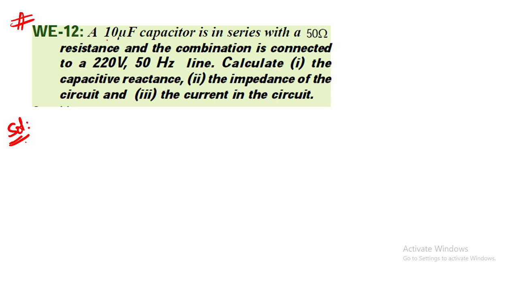Say a 10 microfarad capacitor in series with a 50 ohms resistance. The combination is connected to a 220 volt, 50 hertz supply. Stop your romance. Calculate the capacitive reactance, impedance, and the current in the circuit.